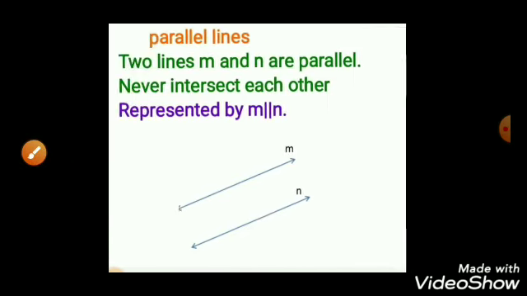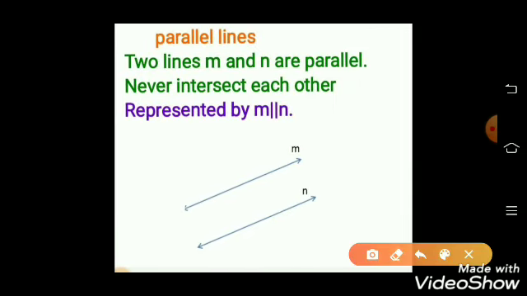Okay, next one, parallel lines. Two lines M and N are parallel if they never intersect each other, represented by M parallel N. Intersect means two lines crossing. Two lines crossing is called intersecting, and this is called the intersecting point.